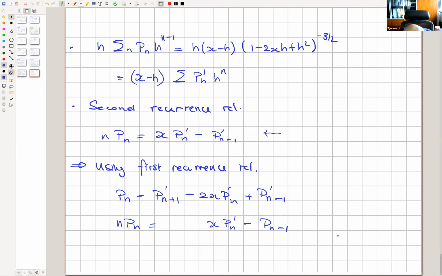So if I add these two equations up, I am getting the thing that I desire. I'm actually getting this over here. I am getting n plus 1 Pn plus 1 equals 2 Pn plus 1 prime minus x Pn prime.